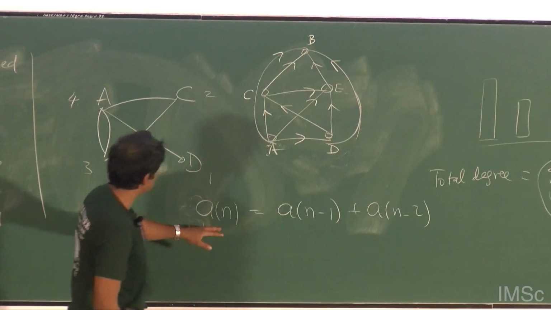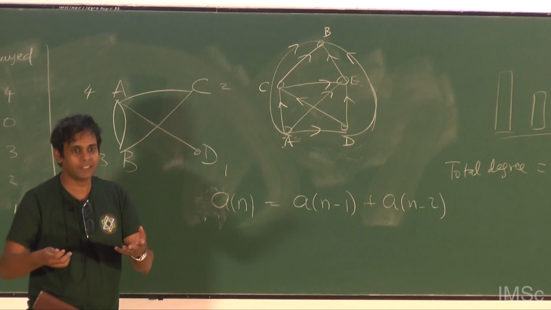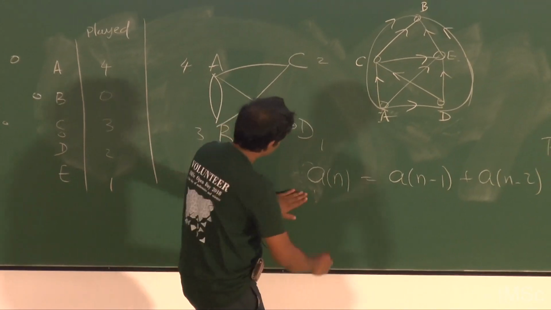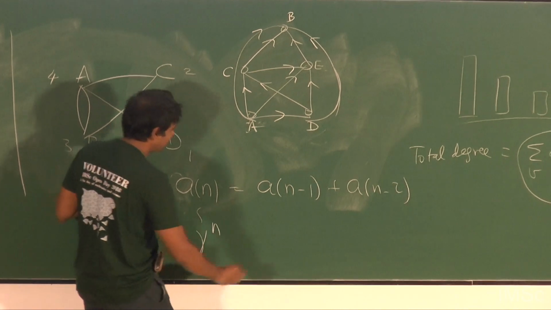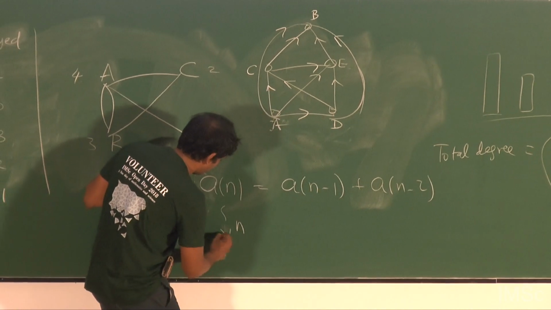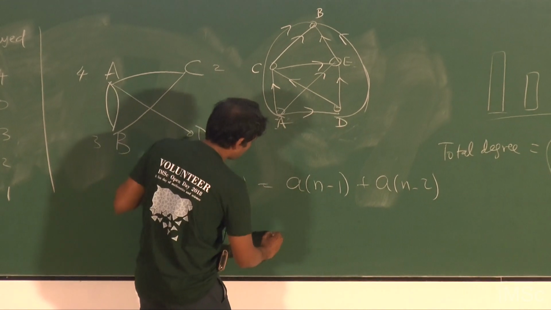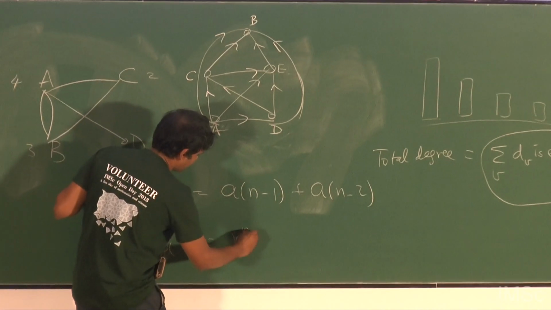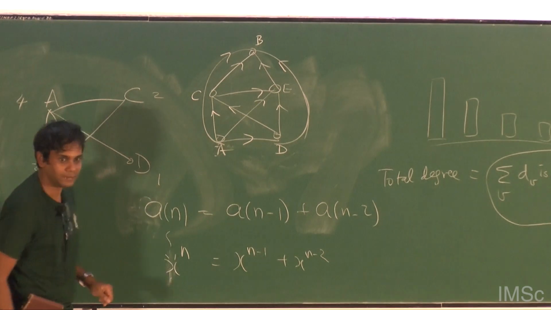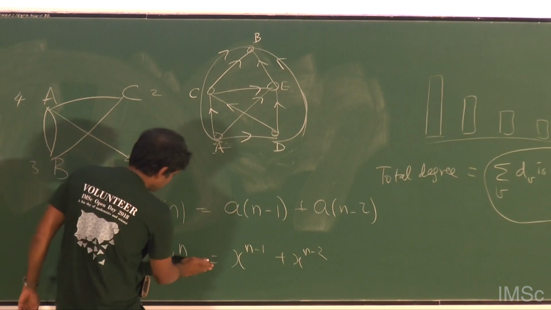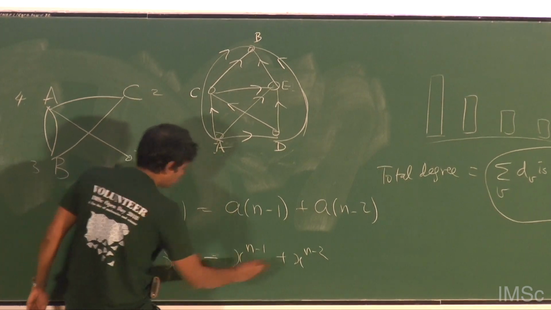Now suppose this Fibonacci number grows at a certain ratio. Suppose it's not true, but suppose it is x to the power n. Then x to the power n would be x to the power n minus 1 plus x to the power n minus 2, right? So if you write the difference here, this should be 0.